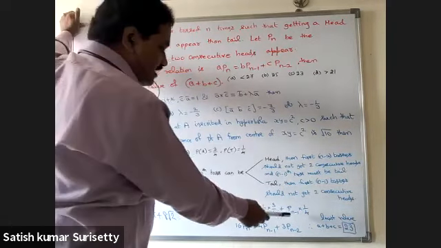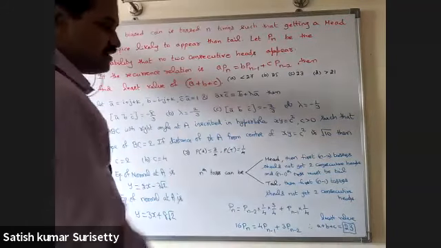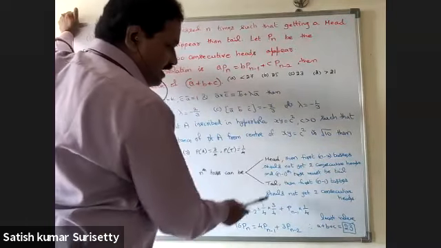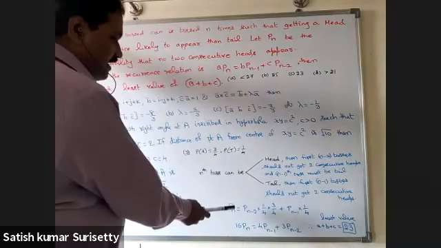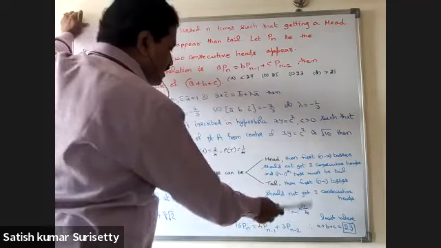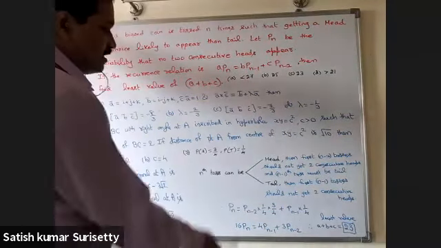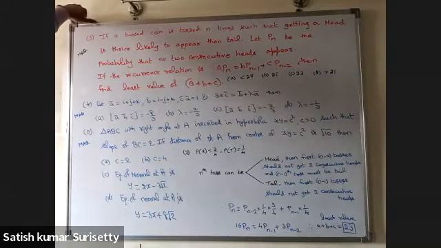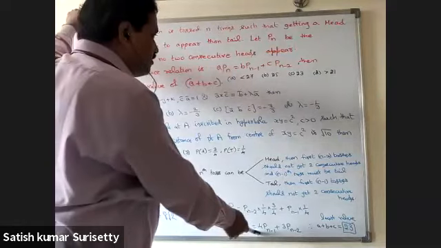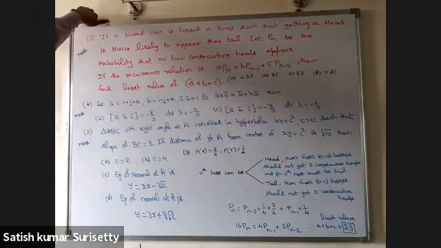Or second case, that is plus, the first n minus 1 tosses should not get two consecutive heads, that is Pn minus 1, and the nth toss must be a tail, so the probability is 1 by 4. That is, you are writing Pn in terms of Pn minus 1 and Pn minus 2. Now, if you simplify, it is in the form of A Pn plus equal to B Pn minus 1 plus C Pn minus 2, where A equal to 16, B equal to 4, and C equal to 3. So the least value will be 23.